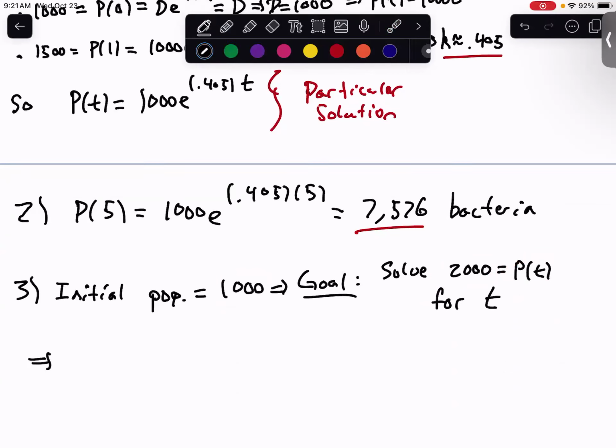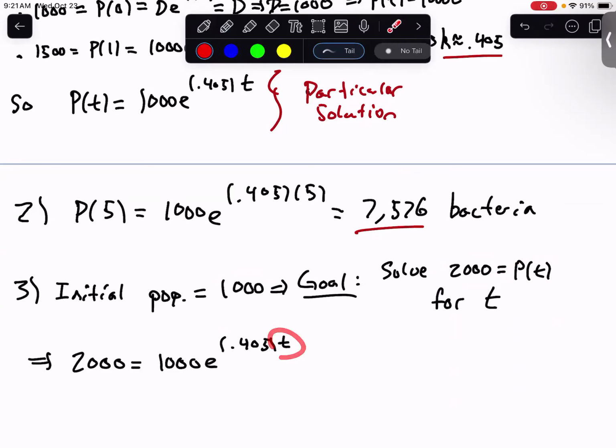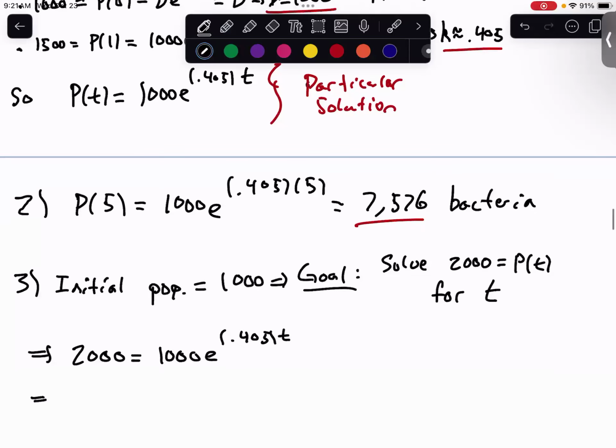From here, it's just algebra, right? You don't have to do any calculus or anything like that. So we have 2,000 is equal to 1,000 times e to the 0.405 times t. And so we just need to solve for t. What you can do to begin is divide both sides by 1,000 to get that 2 is equal to e to the 0.405 times t.